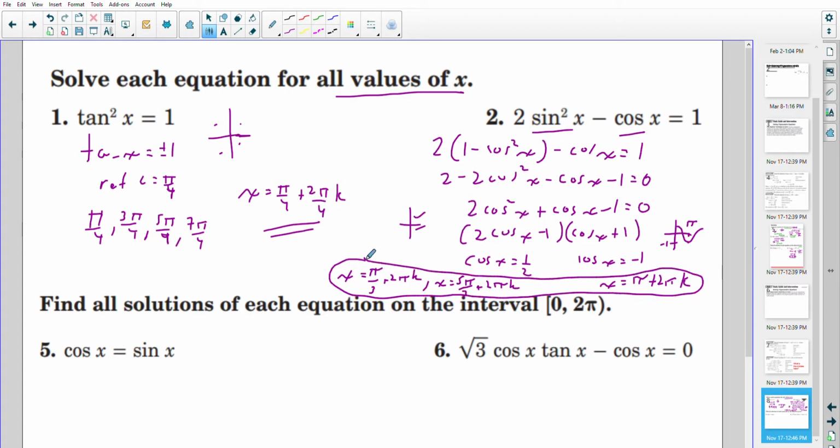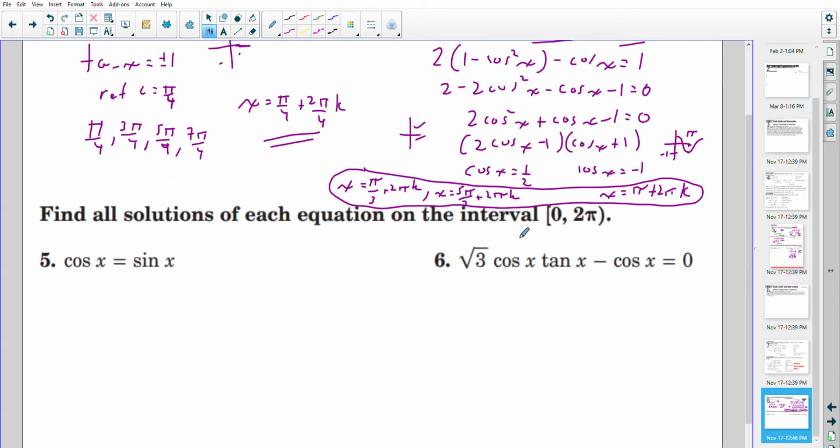Now, the easier type of question is if you have a specific interval. For time's sake, when you have something like this, you could make it easy or you could make it hard. Sometimes you have to square both sides, and if you did that, it's going to create a hard problem. But the easy shortcut, because there isn't anything added on both sides, is you can create a tangent x by dividing both sides by cosine x.